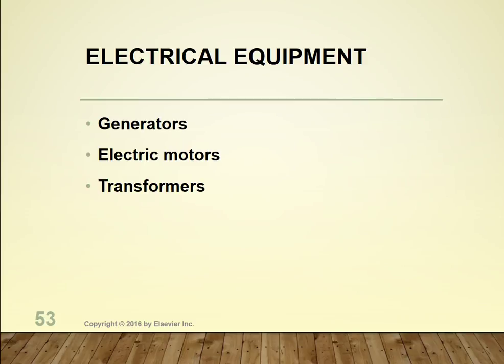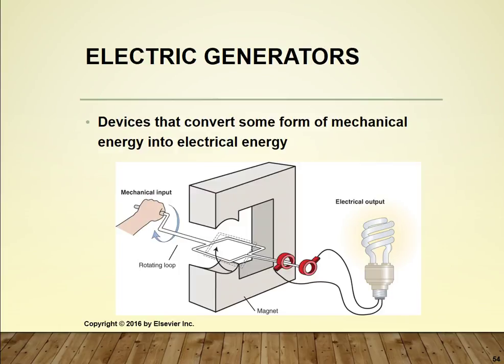You need to know the difference between these three things. An electric generator is a device that converts some form of mechanical energy into electrical energy. So there you go, generate. It converts mechanical to electrical. Here's a mechanical input of a hand, and we make it move, and then it becomes an electrical output. And that is some of the first electricity that we got.